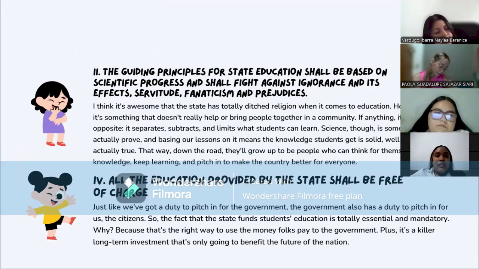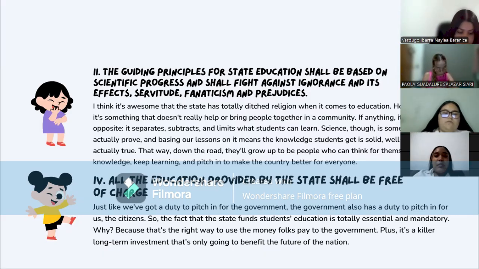I think it's wise that the state does not teach religion when it comes to education. Honestly, to me, it's something that doesn't really help or bring people together in a community. If anything, it does the opposite. It separates, subtracts, and limits what students can learn.